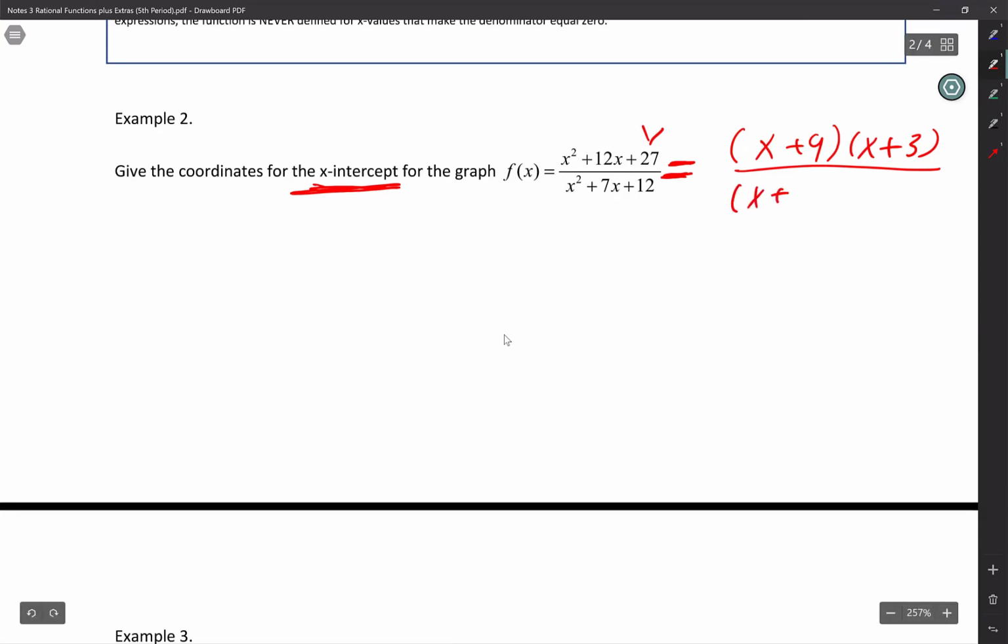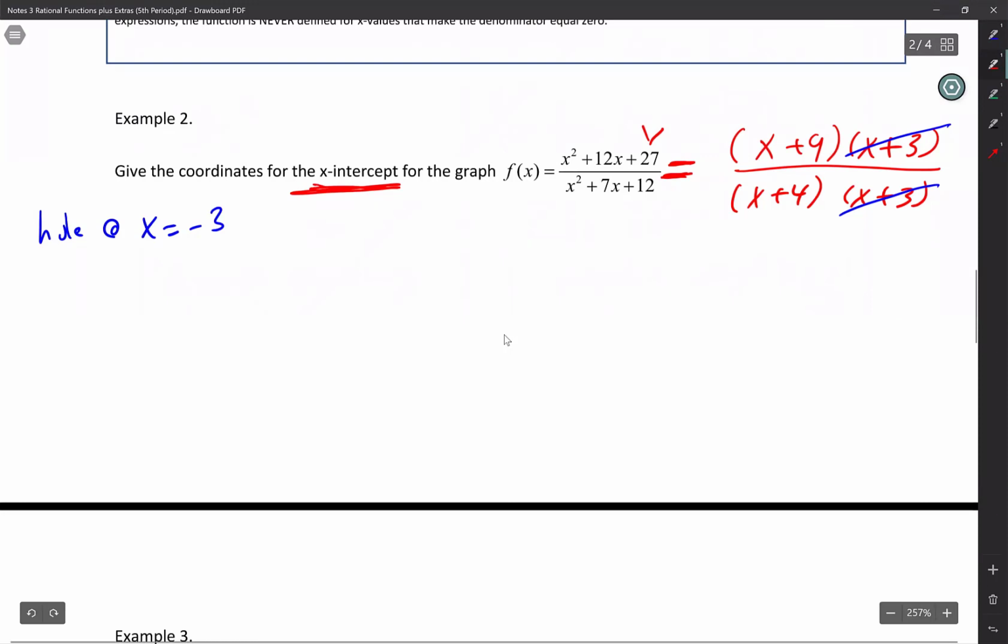That's going to be 4 and 3, x plus 4, x plus 3. We have to be very careful. We see that we have a factor that comes out again. So the x plus 3's cancel out. And I'm going to put right here a hole at x equals 3. Negative 3. Dummy. Not you guys, me.